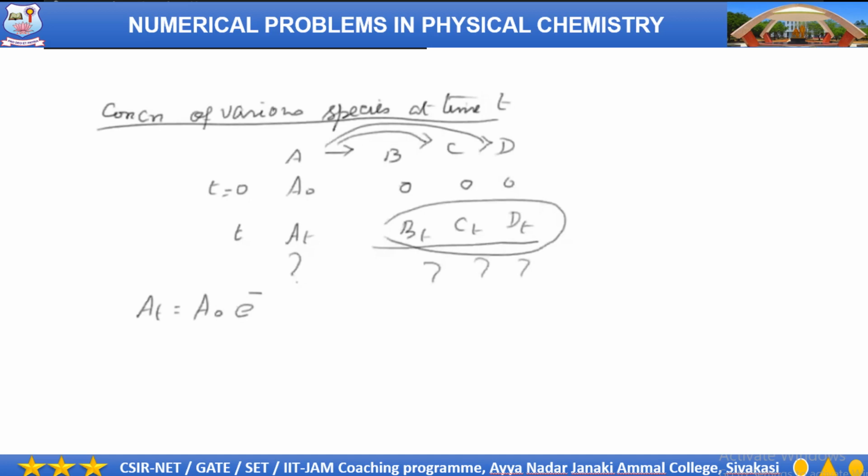For the parallel reaction, K is given by K1 plus K2 plus K3, the overall rate constant, and so on. Therefore, e power minus KT is the fraction unreacted. This is called the fraction unreacted. Multiply this by A0, and the amount left at time T is obtained. Then what is the concentration of any species at time T?